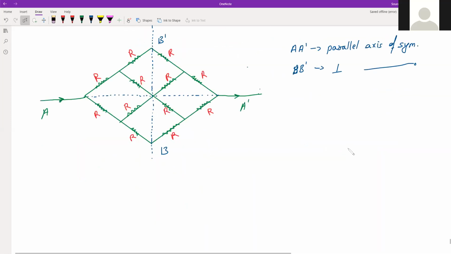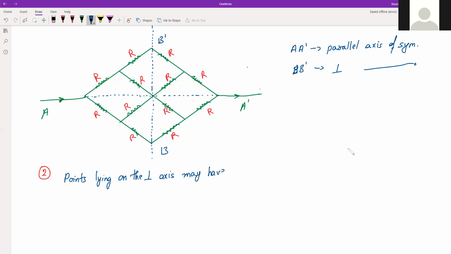That is the second point, and we'll explain why.